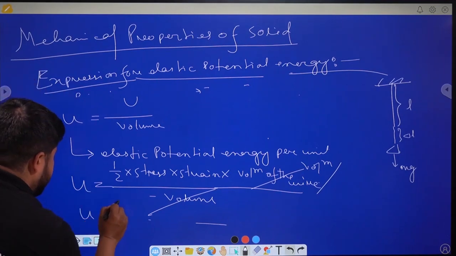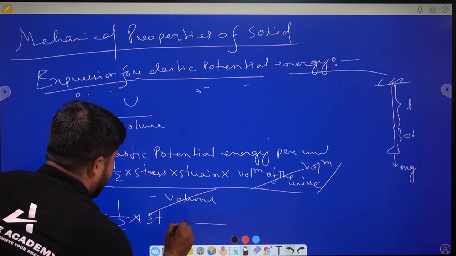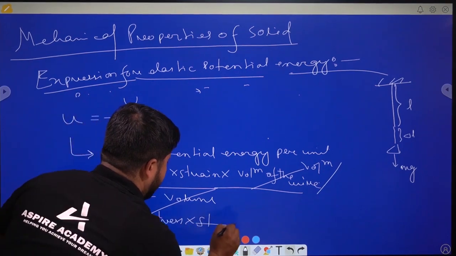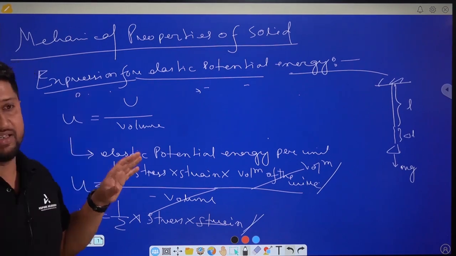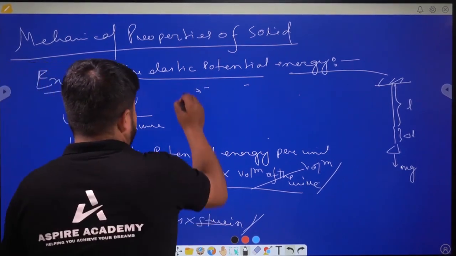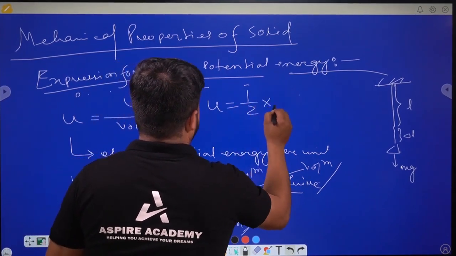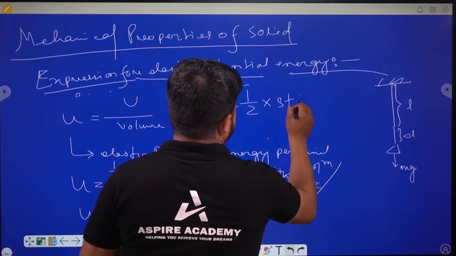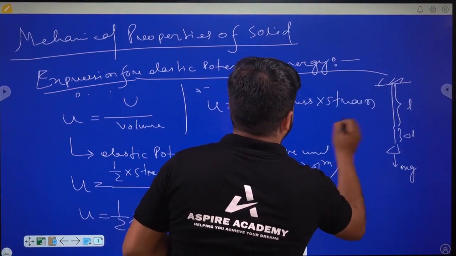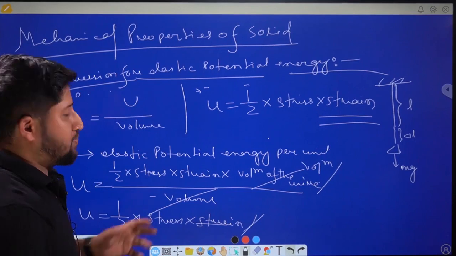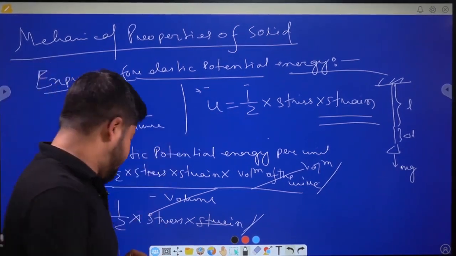Then elastic potential energy per unit volume is half into stress into strain. This is another expression for elastic potential energy per unit volume.